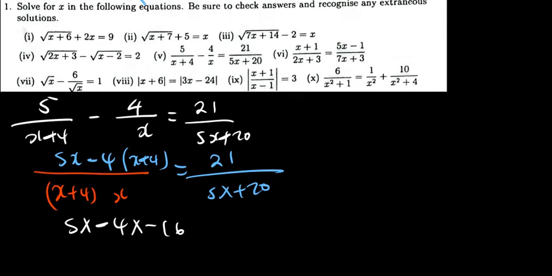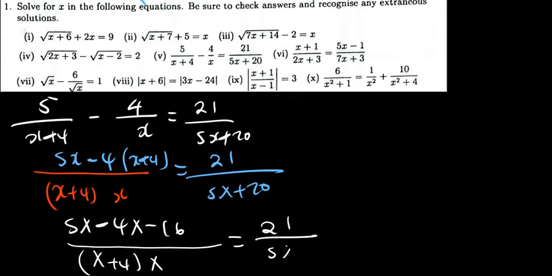Okay. Then I divide this by x plus 4. Then I've got x should be equal to 21 over 5x plus 20. At this point, I can clearly see that 5x minus 4x is going to give me x.